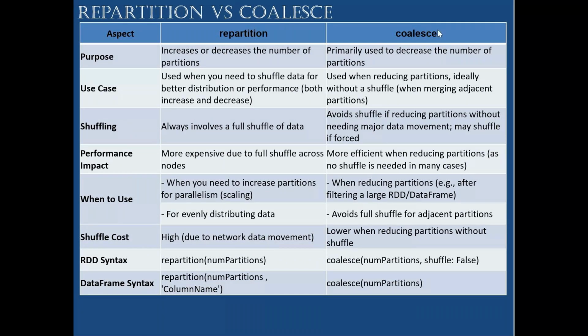When reducing partitions, Coalesce is recommended; it avoids full shuffling when adjusting partitions. Shuffle cost is high for repartition and lower for Coalesce. The RDD syntax is rdd.repartition and rdd.coalesce. The DataFrame syntax is df.repartition and df.coalesce. That's it.